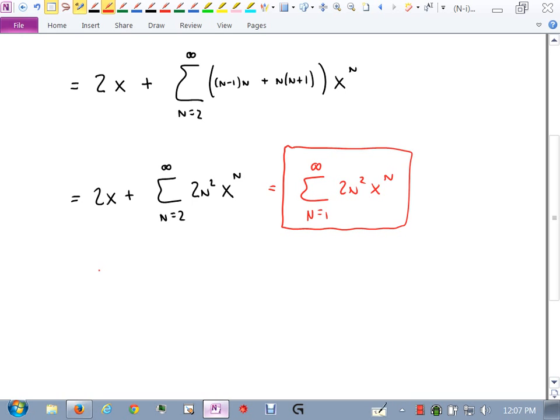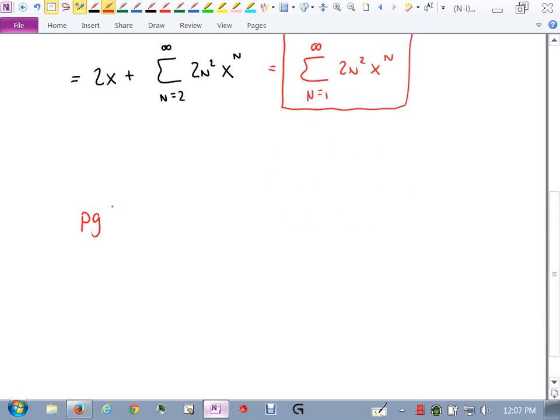Okay, so this is off of page 474, problems 3 through 11 odds, 15, 17, 19. Should be good.